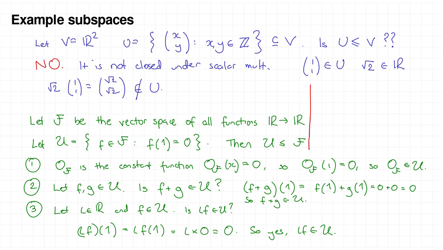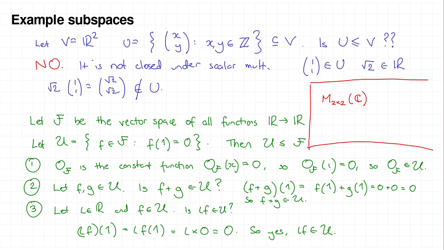Okay, finally, one example, which I'm going to leave to you to check. I'm going to think about the vector space of all 2 by 2 matrices. Just for fun, let's take the complex matrices, not that it makes any difference. So let's consider the vector space of all 2 by 2 complex matrices.